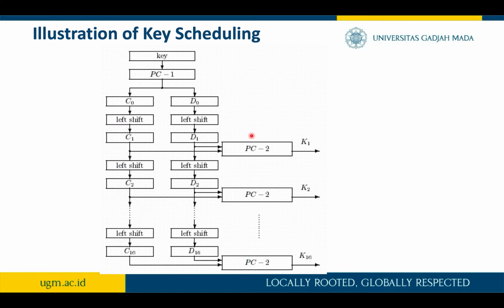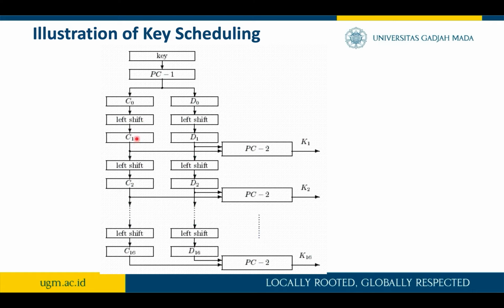This is the illustration. Using this illustration, it will be clearer how to do that. We get the 56 bits of key, and then we use PC1 to do the permutation. Then we divide into two, C0 and D0. Then we do the left shift operation using the table.